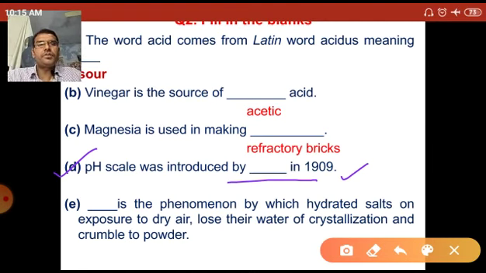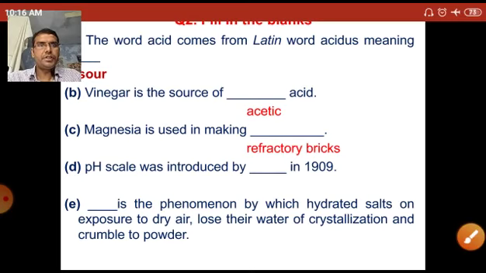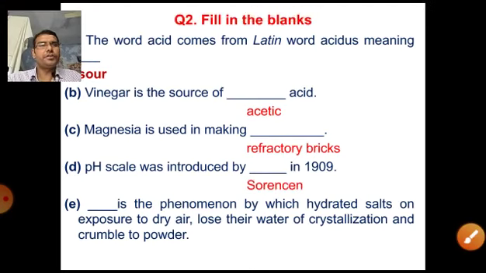That means which acid is strongest and which acid is weak or moderate, and the same for the base. So Sorensen introduced the pH scale in 1909. The answer here is Sorensen.